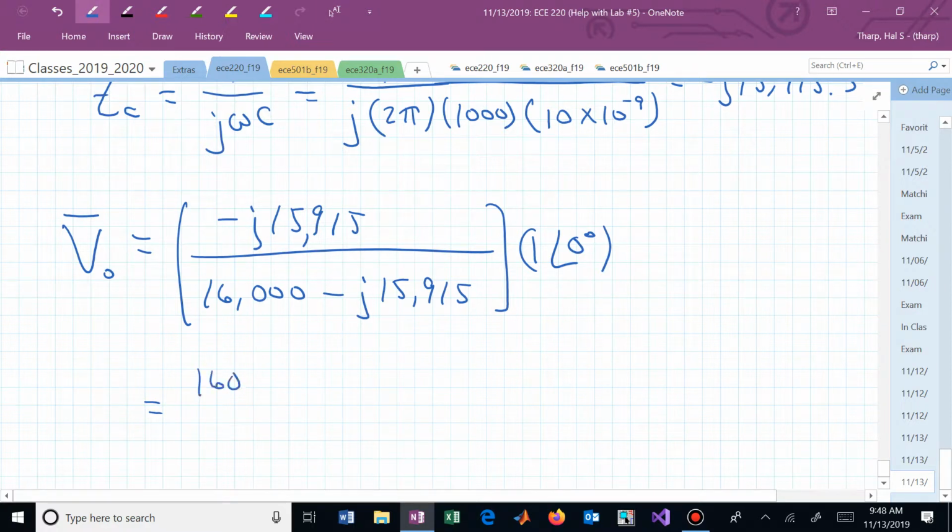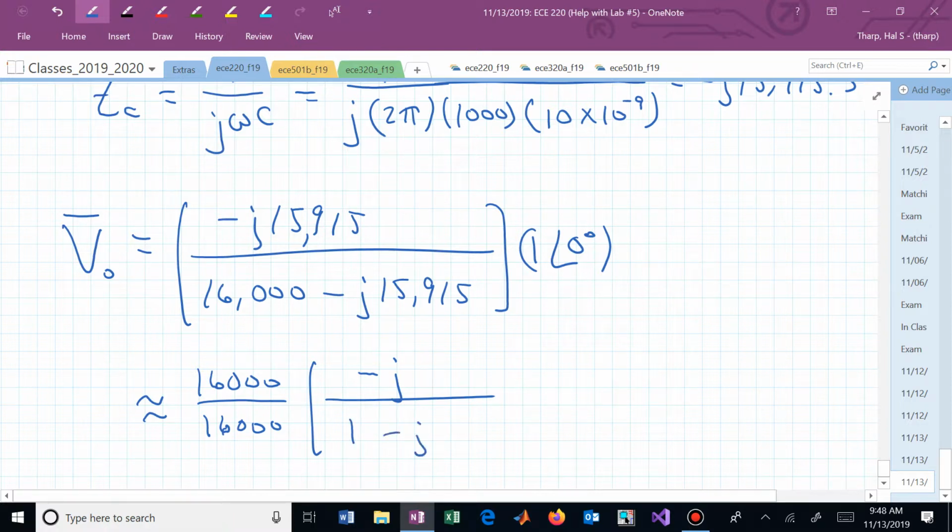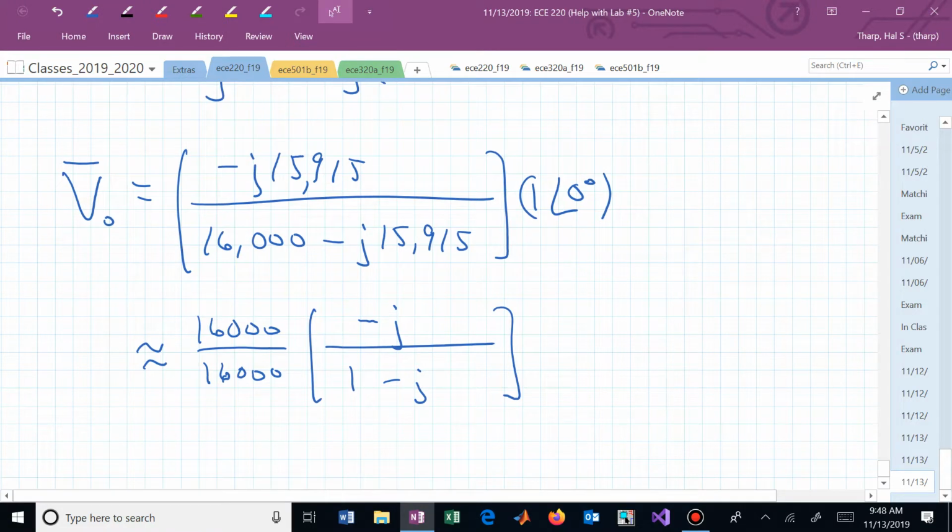Let's just play fast and loose here. We have a minus j up top, and downstairs we have a 1 minus j. You can go through this more accurately, but I'm just trying to quickly give you a feel for what to expect.